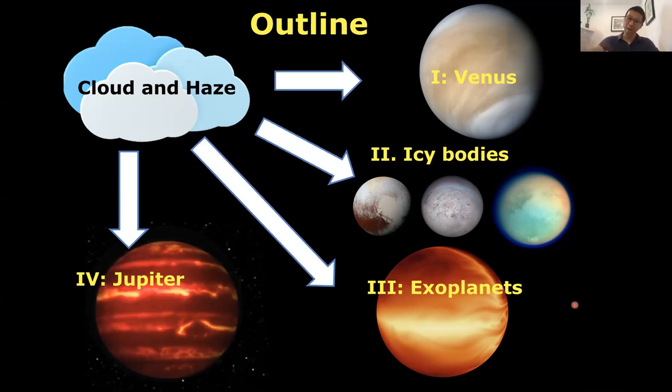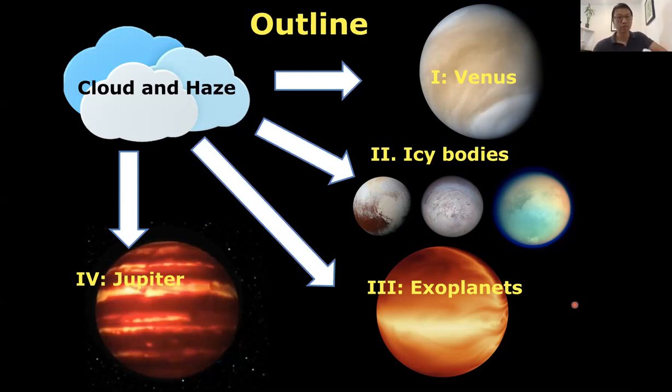And then I come back to talk about Jupiter and the importance of clouds in shaping the dynamics and banded structures of clouds in Jupiter's atmosphere. So hopefully I can finish all four categories, but because they're so diverse, I will focus more on breadth instead of depth.